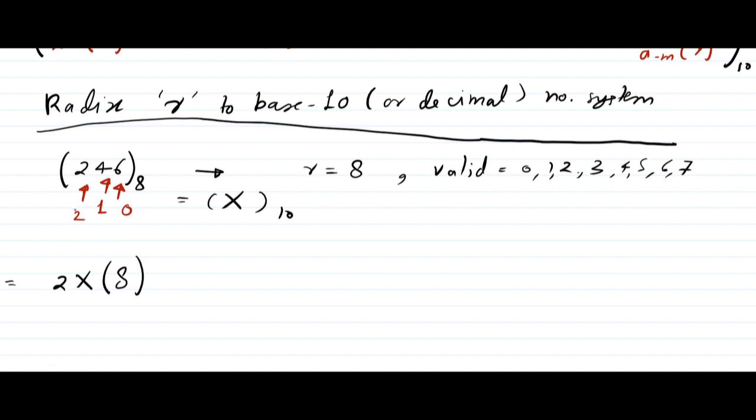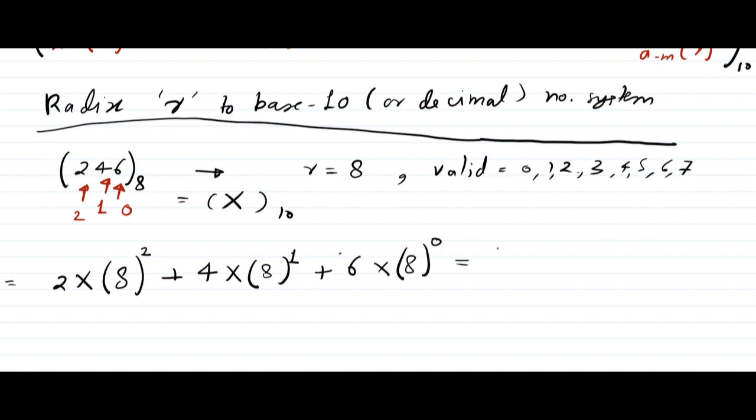What is the place value of 2? Place value is 2 only, right? Plus the next coefficient, 4, multiplied by the original base value 8 raised to place value 1, plus the next coefficient 6 multiplied by base 8 raised to the power place value 0.